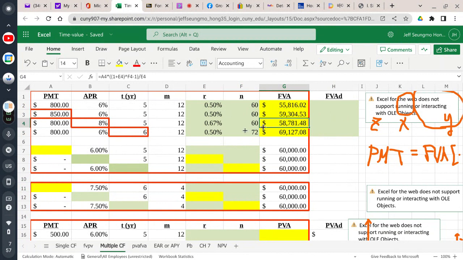If we find a bank that pays an 8% interest rate, we are closer, but not as close as the first one. We're still about $1,200 short. And if we extend the timeline by 1 more year, we will have more than enough money.